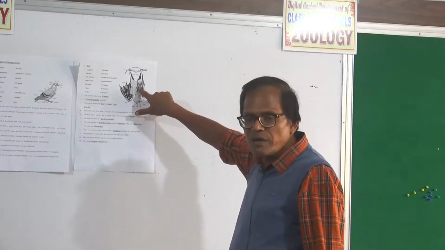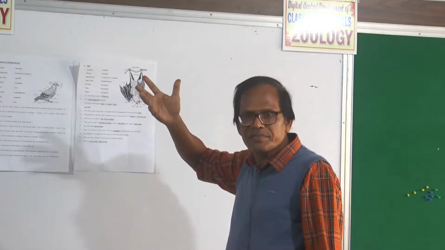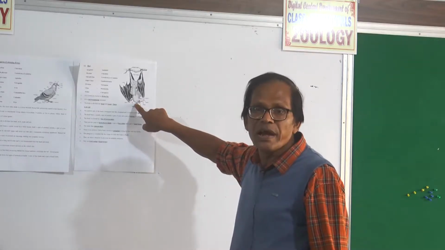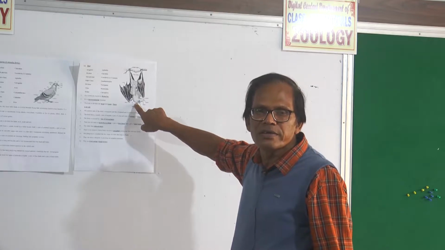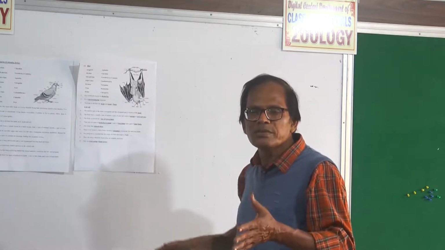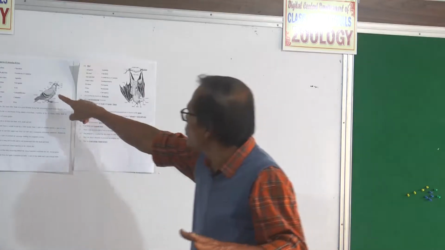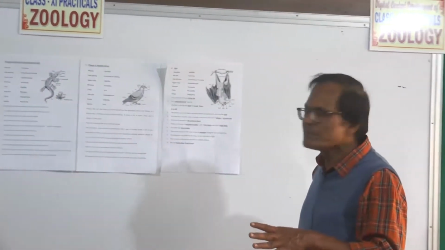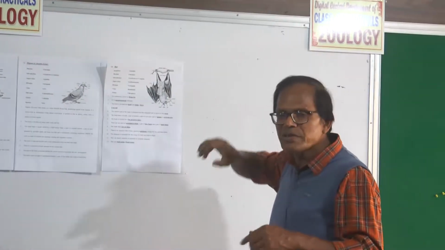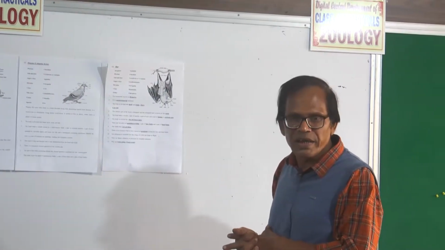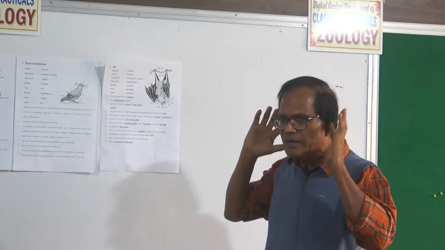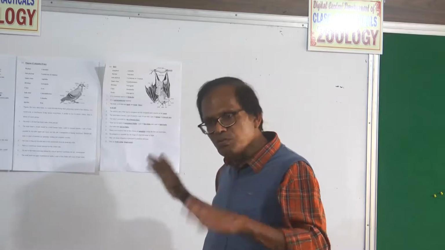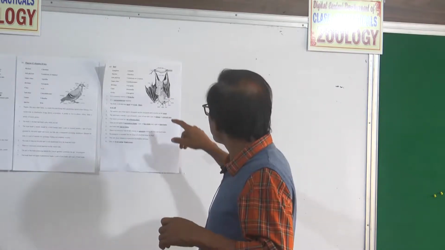So, one character I have discussed, presence of hairs, and the second important character is presence of pinna, external ear. No other animal possesses a pinna. No pinna is present here, nor here, nor anywhere. But here, mammals do possess pinnae, external ears. This is our pinna. And all mammals possess pinnae.